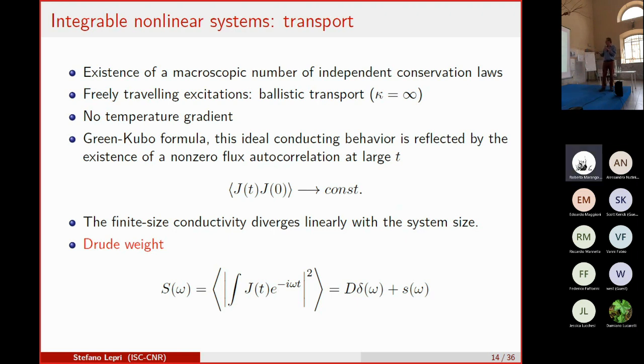Now, if this quantity goes to a constant, when you Fourier transform it, so you go to the frequency domain, you expect to have a delta contribution at zero frequency. The Fourier transform of a constant is a delta. So the strength of this delta, this D, is called the Drude weight. If you want to study an integrable system, you have to learn how this Drude weight behaves with your parameters in the GGE.